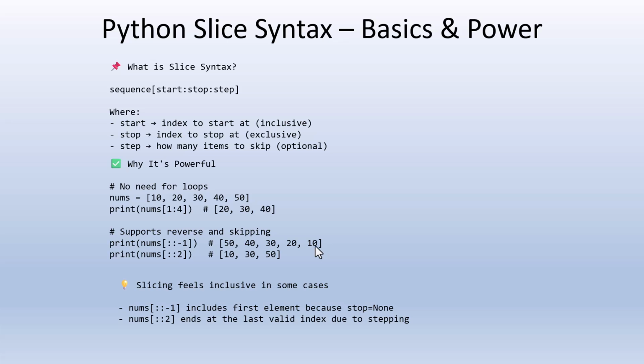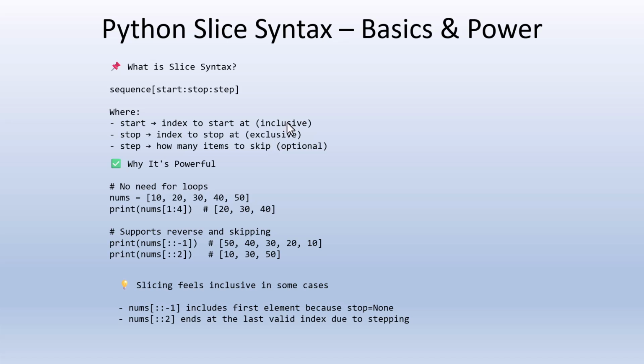Now it comes up to the first index, the 0th index, because stop equals None. Slicing feels inclusive, although it is exclusive. The start index is inclusive, and the stop index is exclusive.